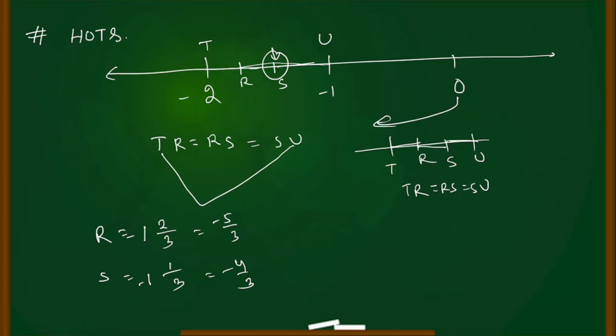Now suppose here is 1, here is 2 and here is 3, and here are A and B. Suppose the question is AB is equal to BC is equal to CD.